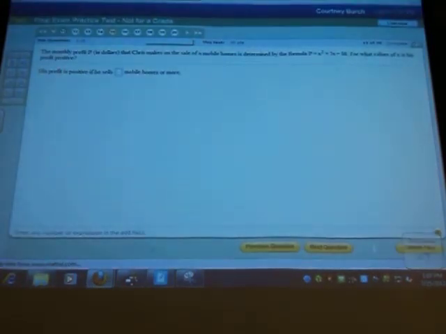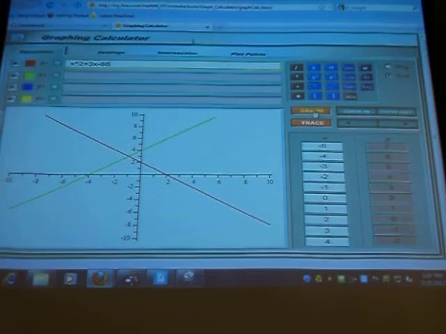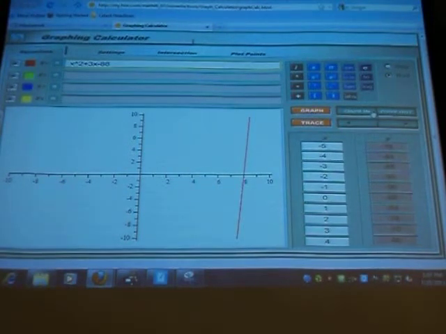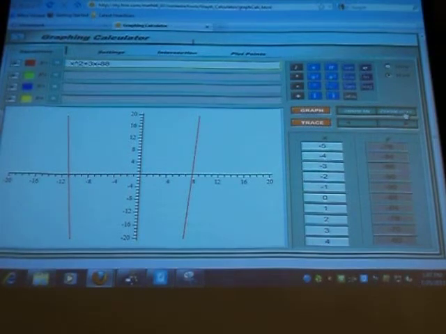X squared plus 3x minus 88. Okay, now I'm going to zoom it out a little bit. There's two values, but since one is a negative value, you can't sell negative 11 trailers.